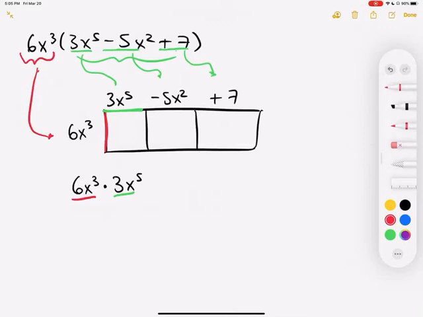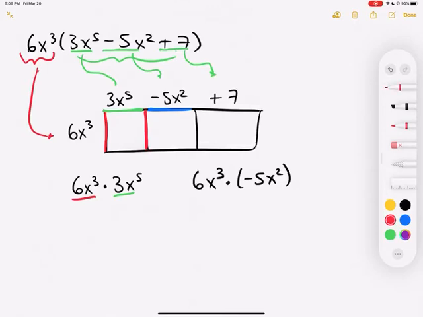And then to this, I have to add the area of the next rectangle, which has a height of also 6x cubed, but this one has a length of negative 5x squared. Remember, these are not additions or subtractions, right? We're multiplying.